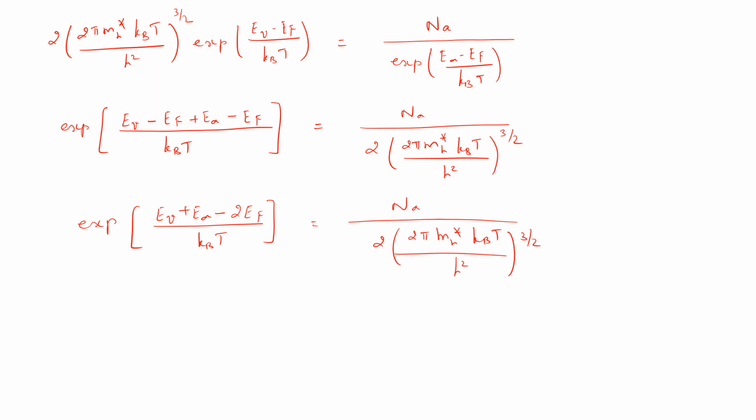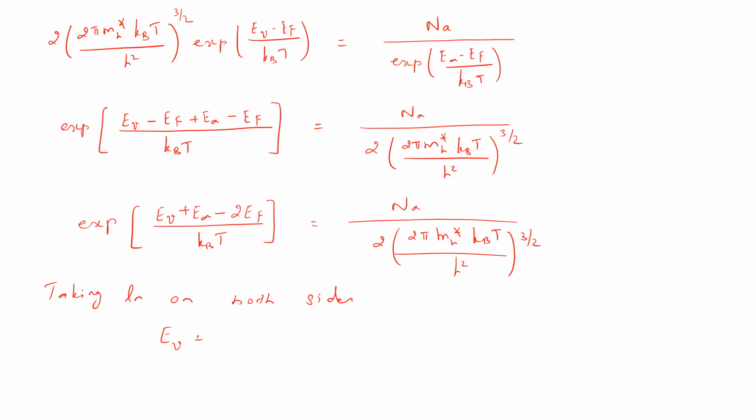Now I have to find out first EF, which is inside the exponential. So what should I do? I have to take ln on both sides. So taking ln on both sides, ln exponential, they will get cancelled. Only the terms present inside the bracket will come.